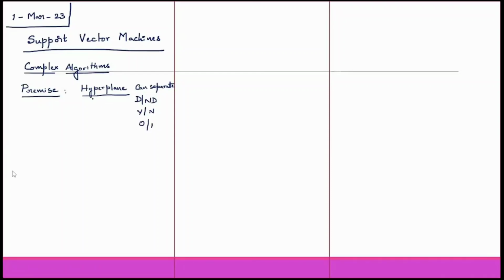So the basic premise of this entire model is that there exists a hyperplane that can very well separate. So if I'm talking about one-dimensional data, let's say I have some zeros and some ones, right? Only one-dimensional data.